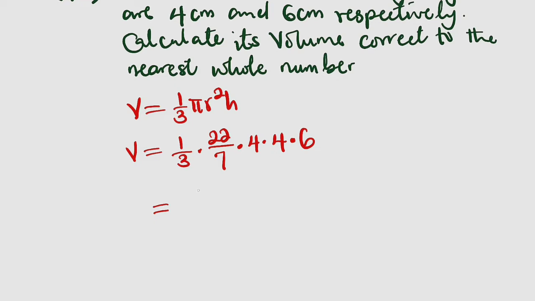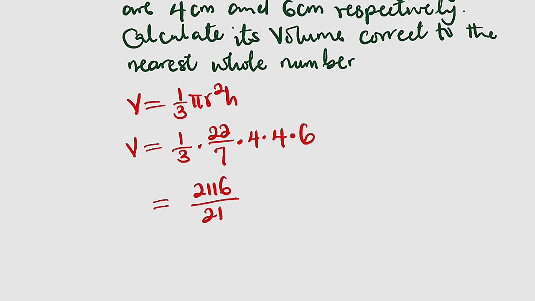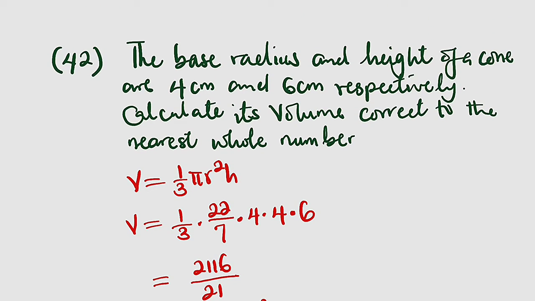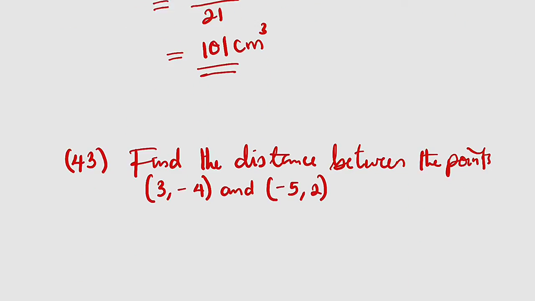That will give us 2116. Then you divide by the denominator, 3 times 7, which is 21. And if you divide this, you're going to get 101, correct to the nearest whole number. And what will be the unit? cm cube.